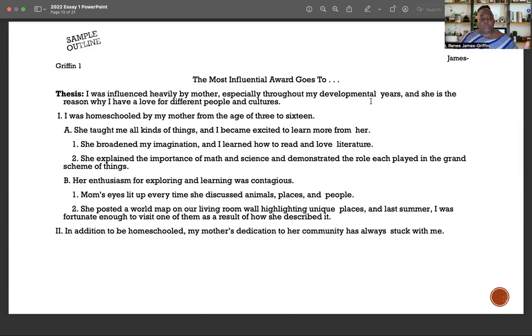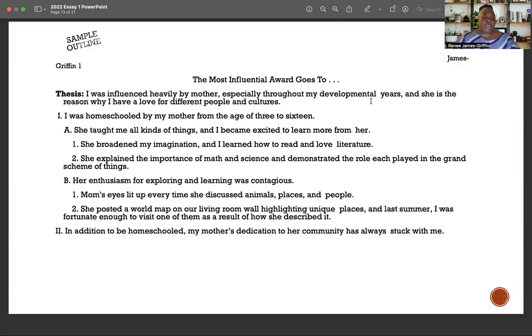On Roman numeral 1, I said I was homeschooled by my mother from the age of 3 to 16. Under Roman numeral 1, letter A says she taught me all kinds of things and I became excited to learn more from her. So I'm giving you information. Now I'm going to give you 1 and 2, and I'm going to get very specific. Notice I went from broad, and now I'm slowly going down to the specific details that support my claim, right?